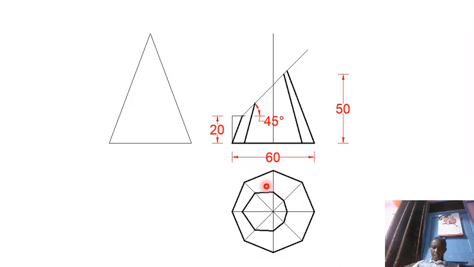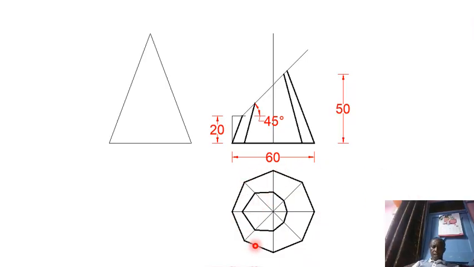This is the first, second, third, fourth, fifth, sixth, seventh, and 8. So an octagonal pyramid has 8 triangles. And if it has 8 triangles and the total angle here is 360, then we can divide 360 by 8, and we'll be able to get these angles. And these angles are all 45 degrees. So this is 45 degrees, 45, 45, 45, 45, and so on and so forth.